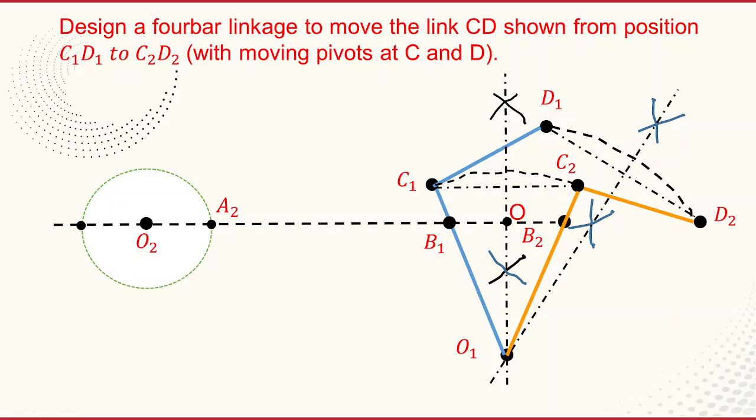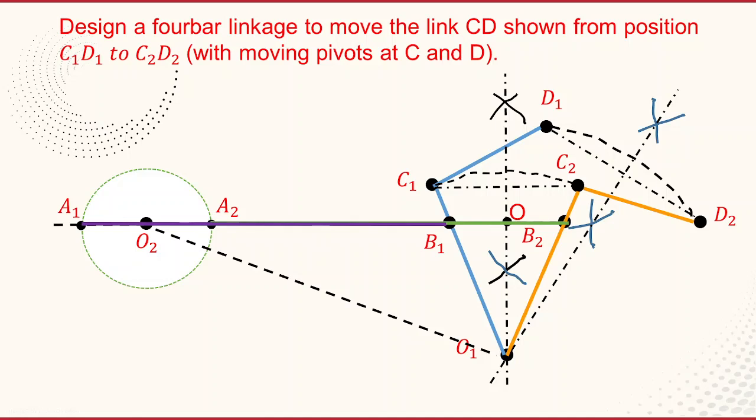Now the other end you can mark as the point A1. Join A2 to B2 for one position and A1 to B1 for another position. Then join O1 O2 as the fixed link. So this is somewhat similar to the previous problem.